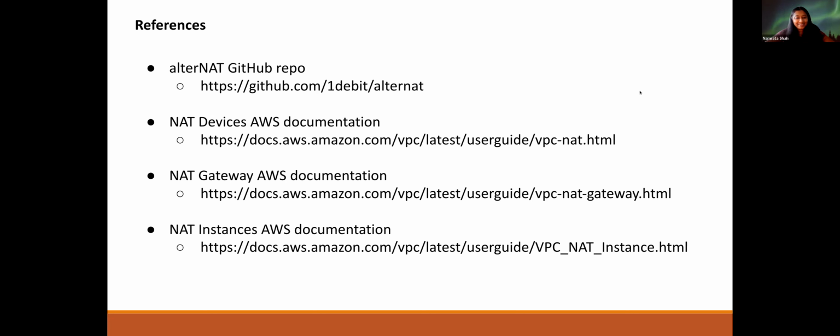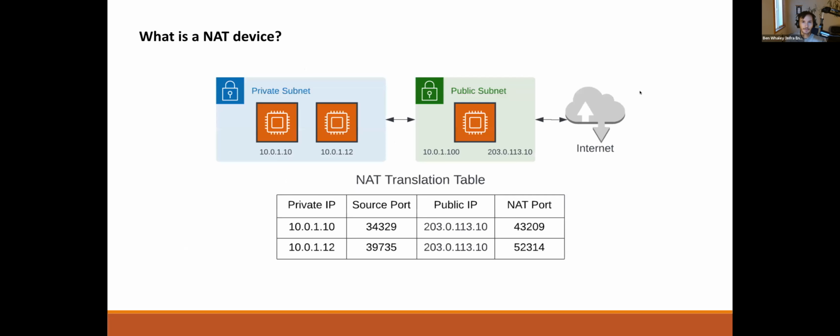I'm excited. Okay. So I thought it might make sense to spend just a second talking about what a NAT device is in the first place for folks that aren't that familiar. So here we have a pretty standard VPC kind of layout where on the right side, we have the internet. And for the internet to make connections into your AWS network, you have some compute instance, usually could be like a load balancer, right?